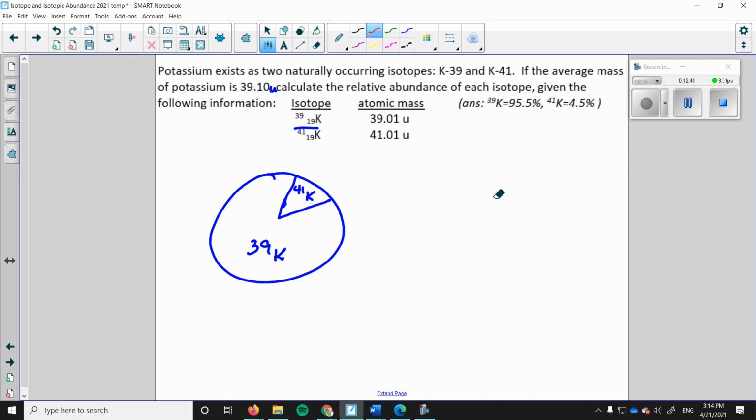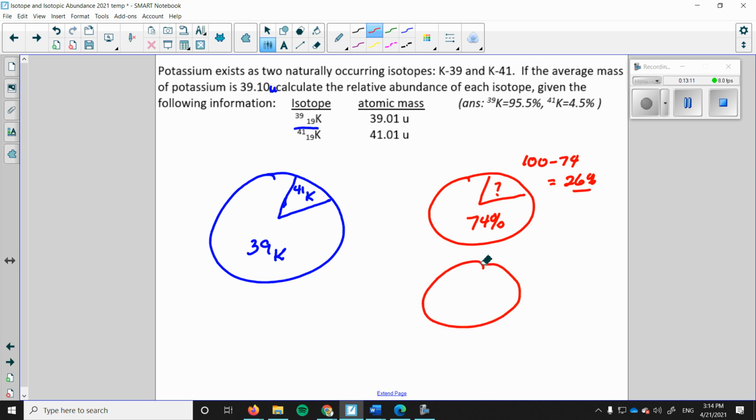So let's say I had a situation where I had 2 isotopes. Again, it's not related to this question. I'm making up numbers here. So let's say I had 74% of one isotope. I want to know what percentage is in the other isotope. And you say, hey, that's easy. What you do in your head is say, 100 minus 74 gives me 26%, right? You can also do it mathematically, though. So you can go like this and say, okay, I've got 0.74, so 74% of this isotope here, and this is going to be X, right?